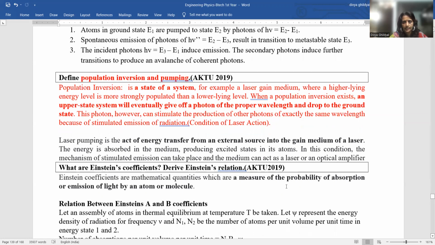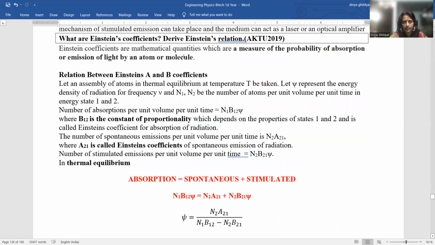Okay, now a very simple mathematical relation in laser. This question is often asked in your Section B questions: derive the relation between Einstein's coefficients A and B. What are Einstein coefficients? Actually, laser is playing the game of absorption and emission.